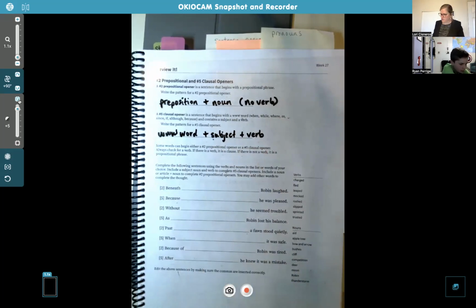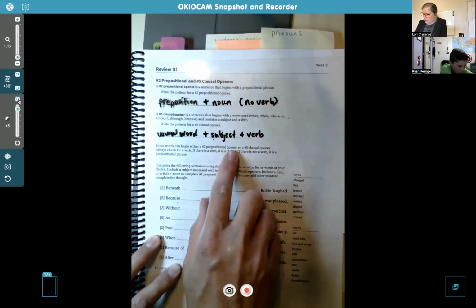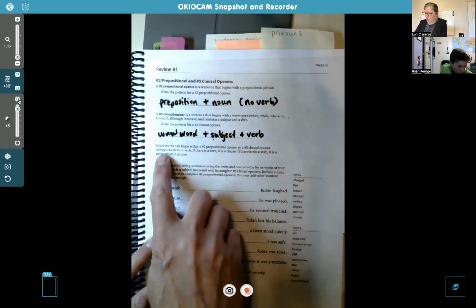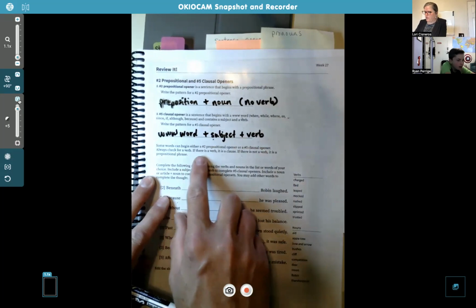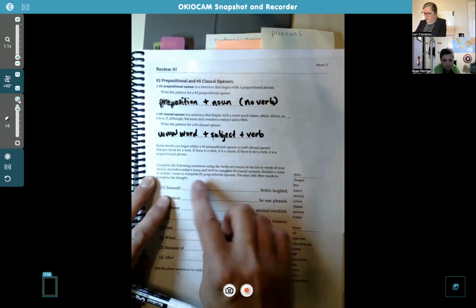So those are the two patterns. Okay. Some words can begin with either a number two prepositional opener or a number five clausal opener. Always check for a verb. If there is a verb, it's a clause. If there's not a verb, it is a prepositional phrase.